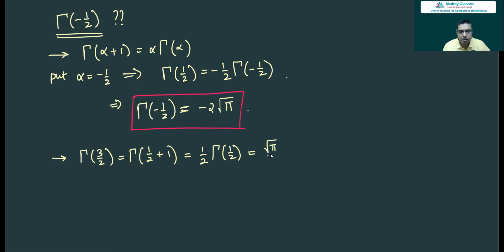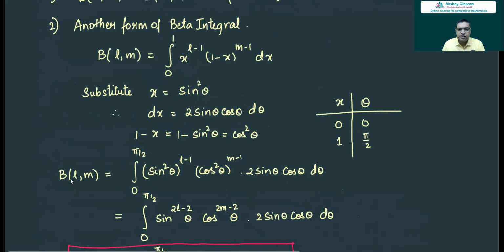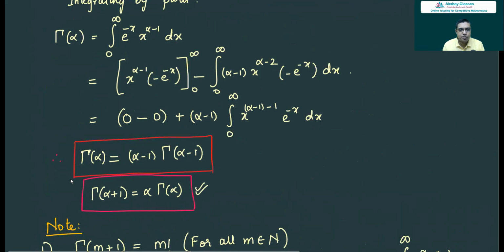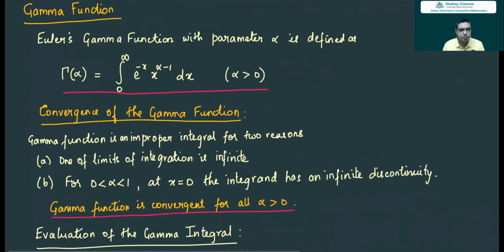So it is root pi upon 2. Similarly, we can find out gamma of 5 by 2 and so on. So these are the results. So this is sufficient from any GATE or even IES entrance point of view. Unless we want to go into deep mathematical examinations, this is perfectly sufficient for what we have done.